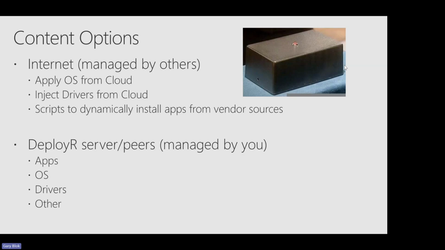And with that, I'd say regulated environments where you need to test and certify an app or an OS before you make it ready for production, and then have the ability to roll back to the previous version in the event of an issue. You're going to want more control over your content, and that's what DeployR is going to provide. So we're accommodating both scenarios.